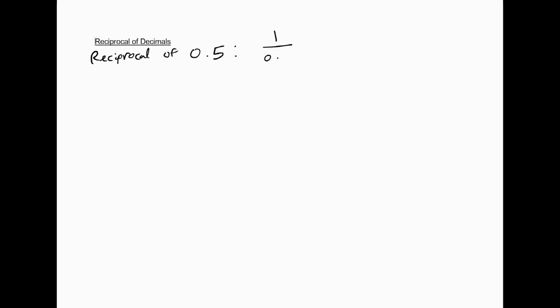Now, we can't really have a decimal in a fraction, so we need to make the denominator into a whole number. To do this, you would need to multiply 0.5 by 10, and if you multiply the denominator by 10, in order to keep the fraction the same, you have to multiply the numerator by 10, which will give you 10 over 5, which is just 10 divided by 5, because a fraction just represents division, which is 2. So the reciprocal of 0.5 is 2.